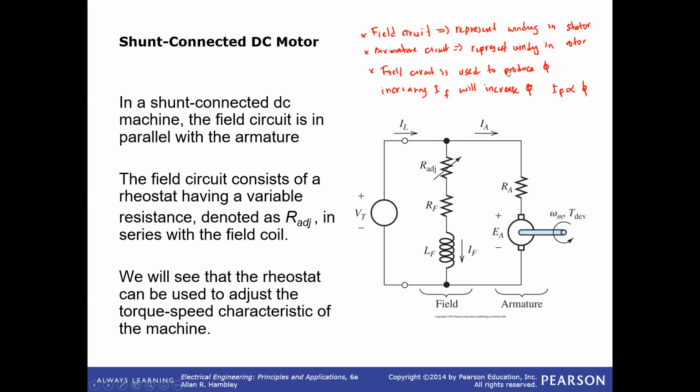It is only used to produce flux. So to control the flux, you need to control the IF, by either adjusting the value of RF or just putting another resistor which is adjustable.